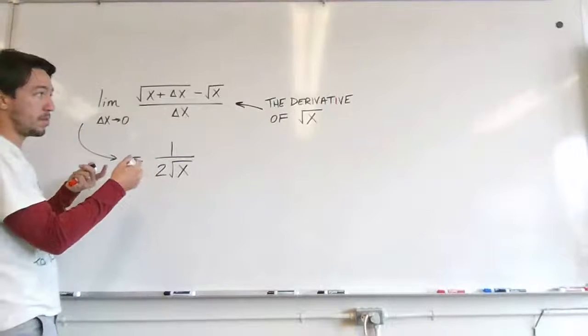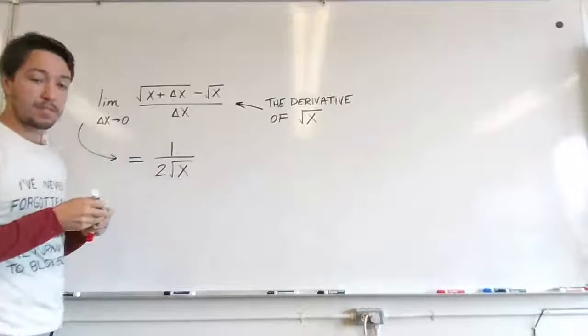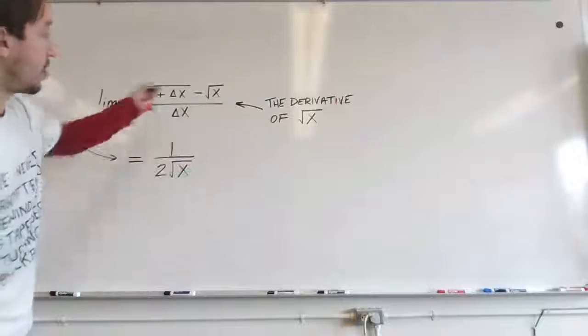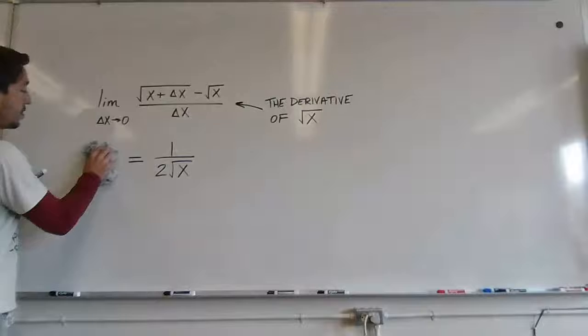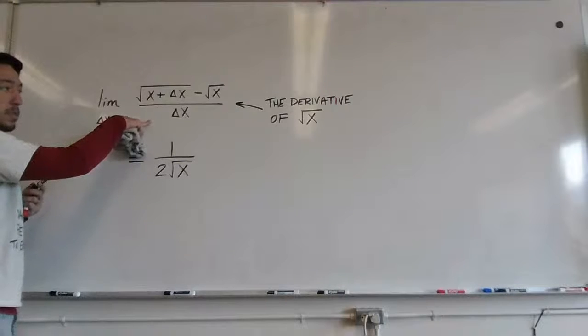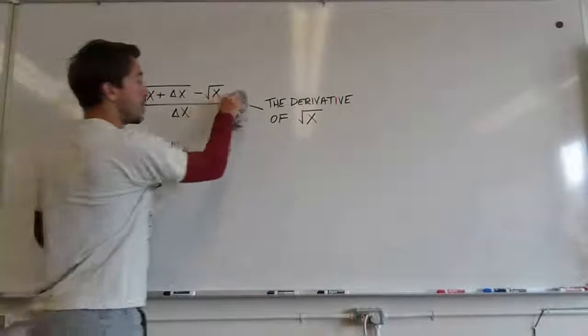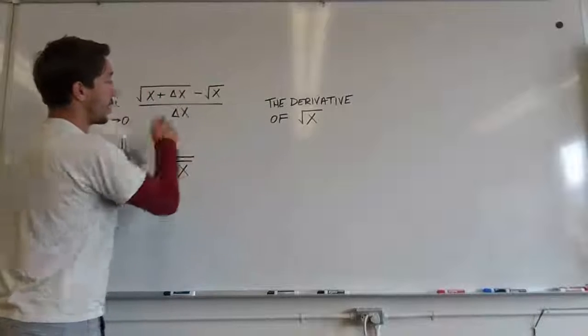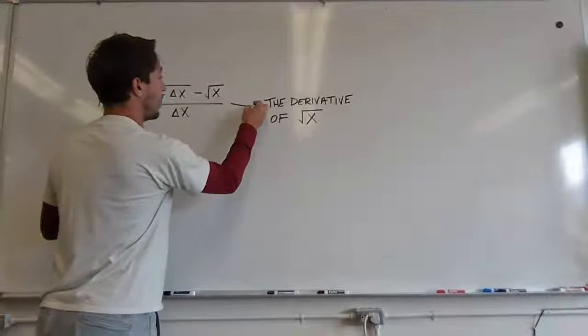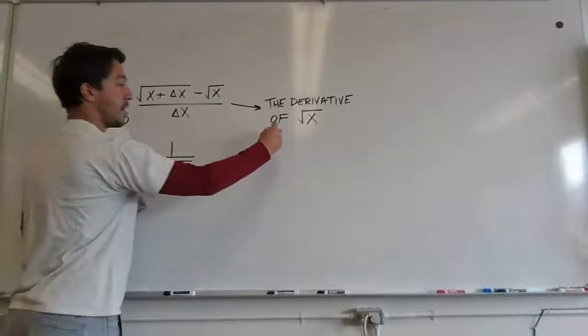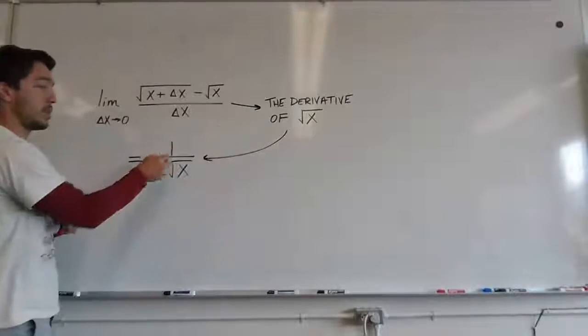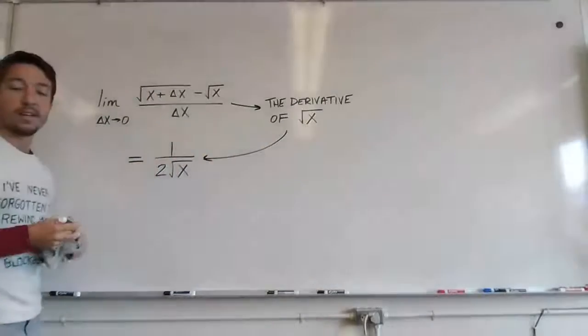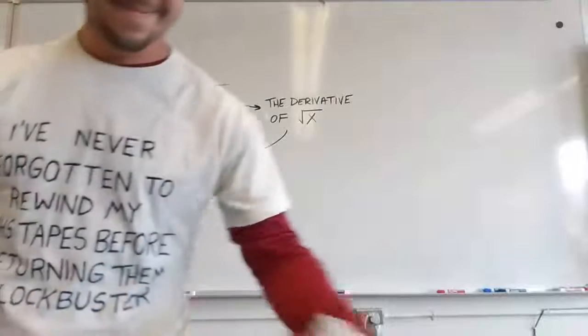But now, it's math, so it's not a one-way street. You can just as easily be given this limit, interpret it as describing the derivative of the square root of x function, and we know that the answer is this. All right.